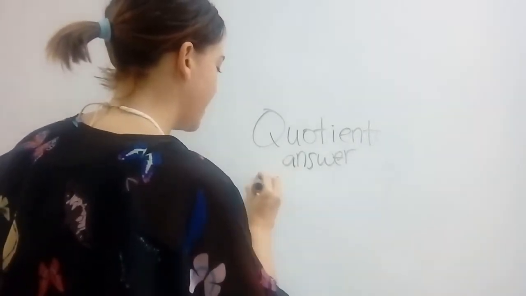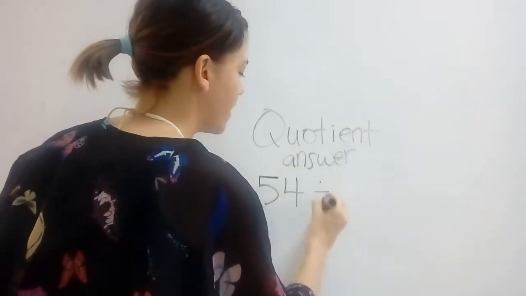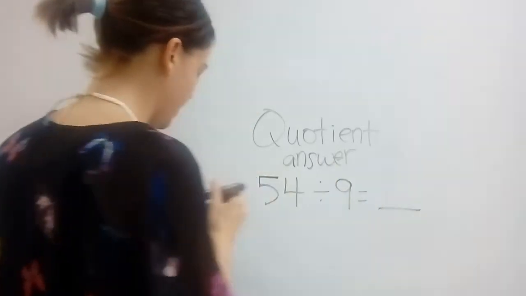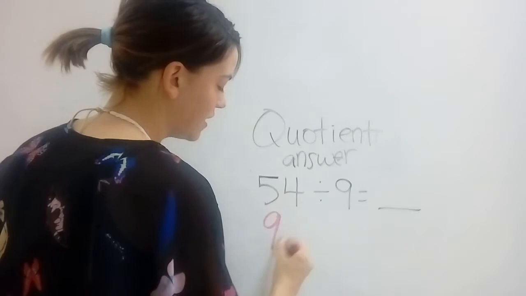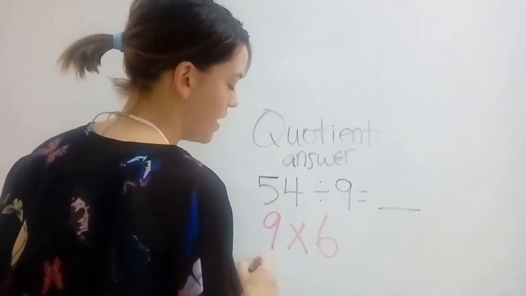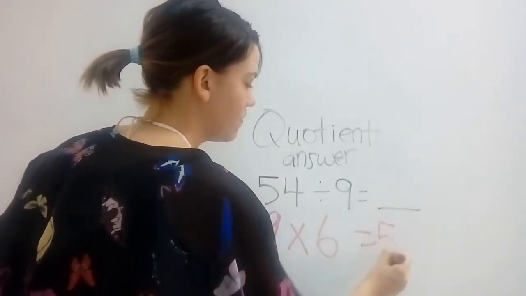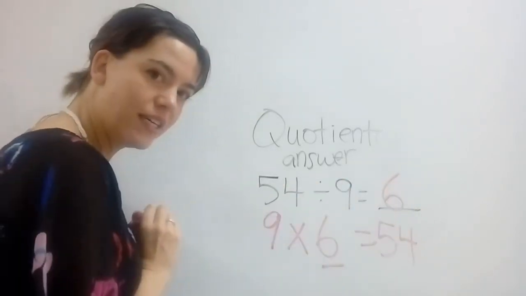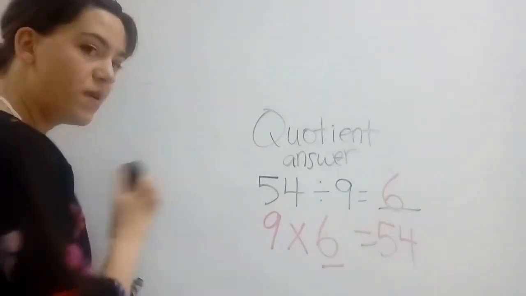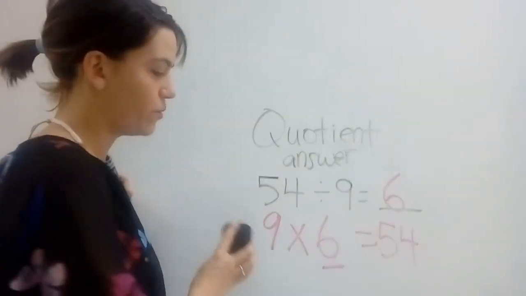And let's see, 54 divided by 9 equals, write the multiplication fact. 9 multiplied by 6 equals 54, therefore the answer is 6. That should be another easy one on the test, easy to remember.